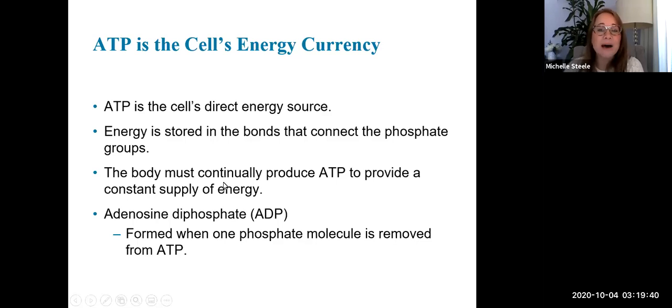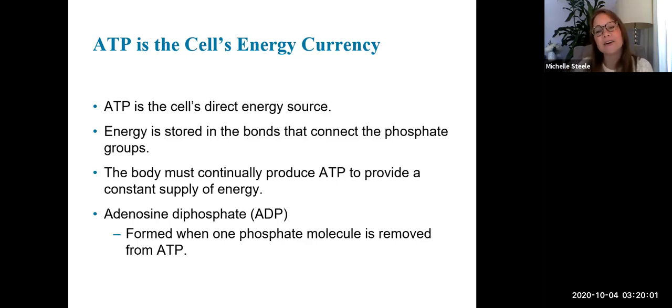Now, we know that the body must continuously produce ATP in order to provide a constant supply of energy to our bodies, right? We need to be alert at all times of the day. And we may not be running a marathon or riding a bike or walking upstairs, we still need to have these reactions taking place.